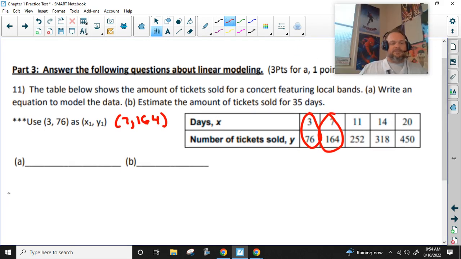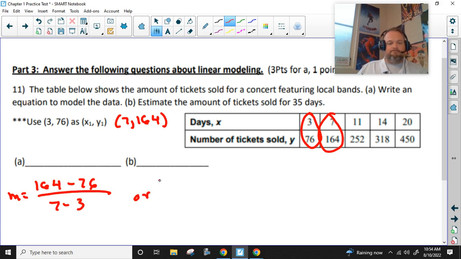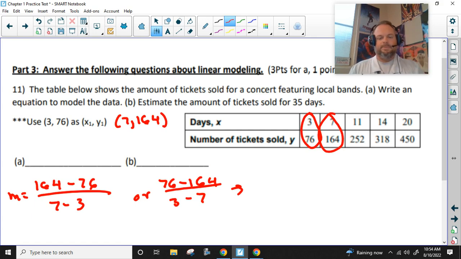So to find your M, remember there's 2 different ways. You could do the traditional way, or you could do it my way. It doesn't matter. Choose your own adventure. Okay. Handy dandy calculator.